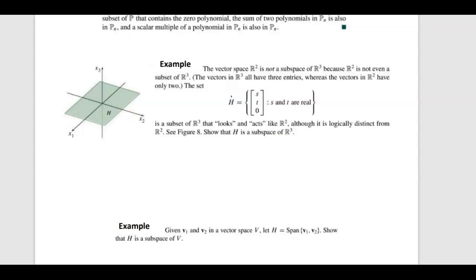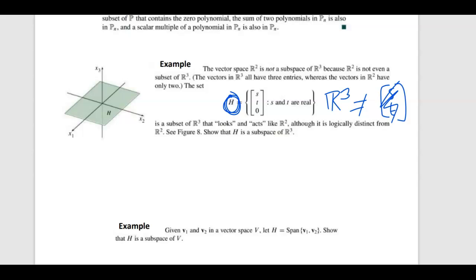But let's let H be in R3 with entries s, t, and 0. Be careful, because this might look and act like R2, but because it has the 0 spot here, it makes it R3. You can't say that it is equivalent to (s, t), because it does still need that third spot. Vectors can only be equivalent if they have the same number of elements, so we can't have that.